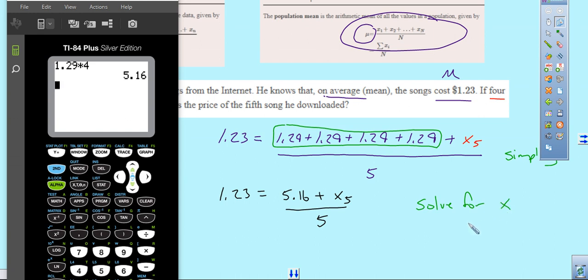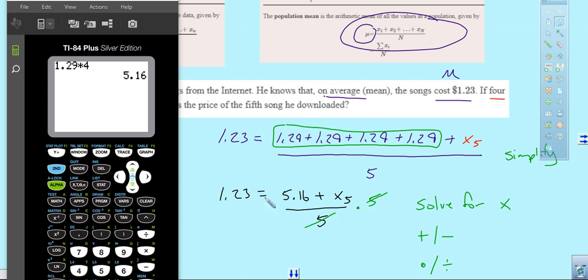To solve for x, we're going to use inverse operations. Remember that the inverse of adding is subtracting, the inverse of subtracting is adding, the inverse of multiplying is dividing, and vice versa, the inverse of dividing is multiplying. In our case, we have $5.16 plus x sub 5 divided by 5. The inverse of dividing by 5 is to multiply by 5, so we have a 5 on top and a 5 on the bottom, and those 5s cancel.